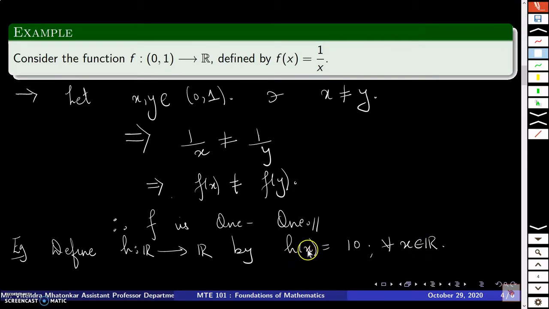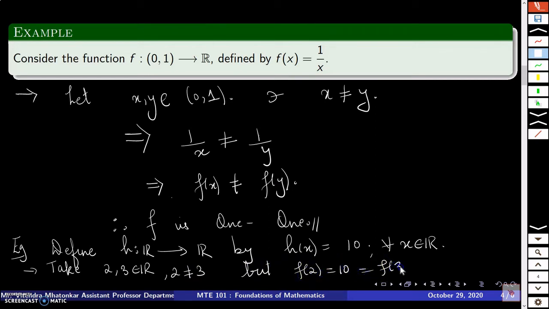So you can pick up any 2 points in the domain of your choice. So if you take 2 and 3 in R, both these points are there in R, and 2 is not equal to 3, they are different points, but the images, if you see, both are equal to 10, so their images are same.